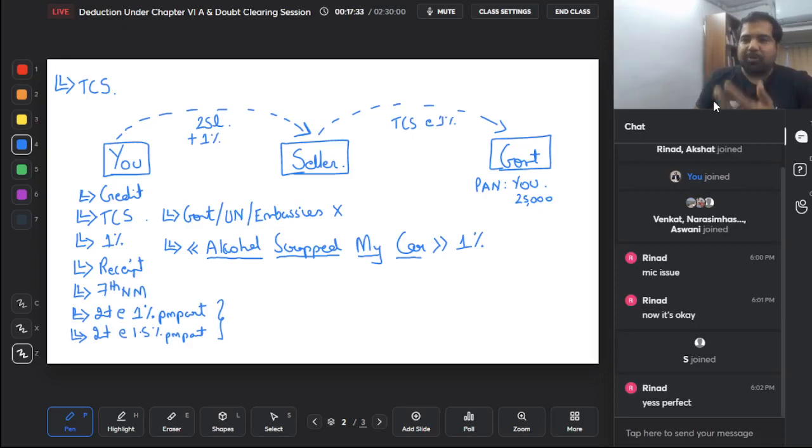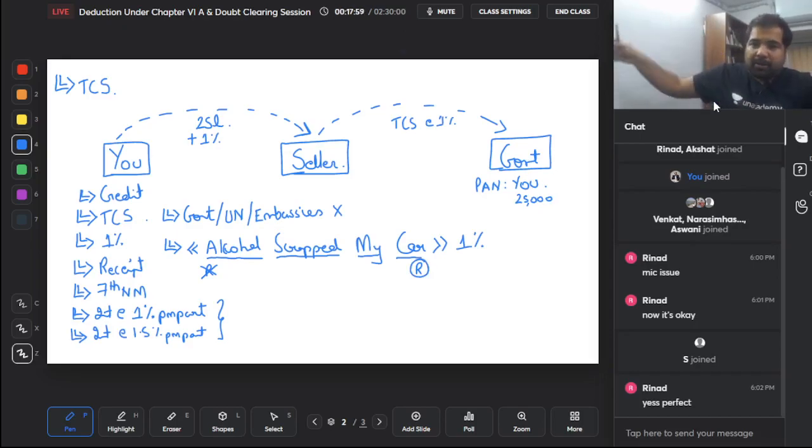When you go to a wine shop and you buy a bottle of wine, will they collect TCS because they're selling alcohol? No, they will not, because this is not at the retail level. That means if you go and buy a bottle of wine, then at the retail level, will they collect 1000 rupees for the bottle plus 10 rupees? No. And for the car, it is only at the retail level. That's how you have to remember it. Alcohol at retail level is not there.